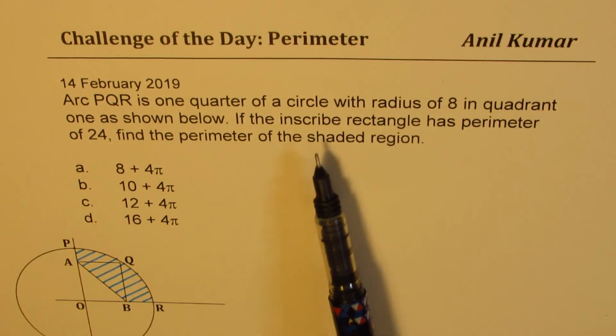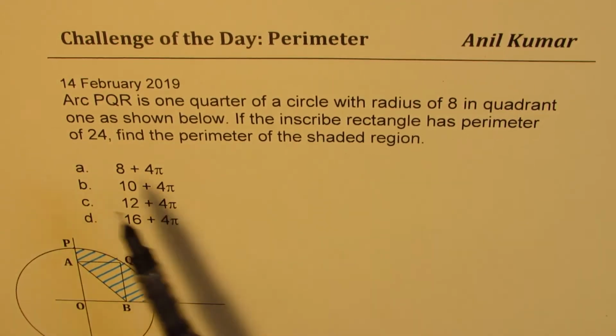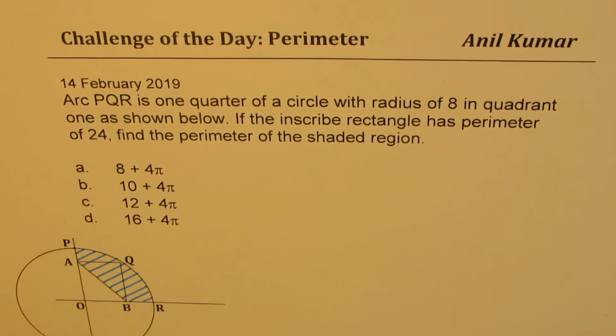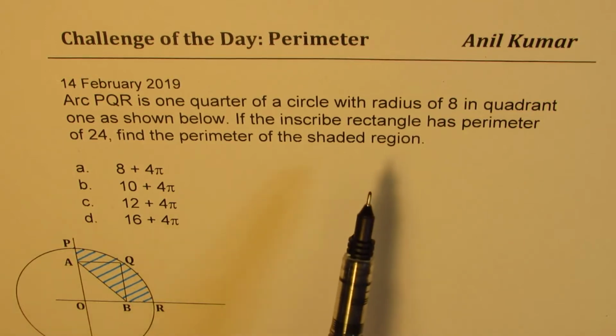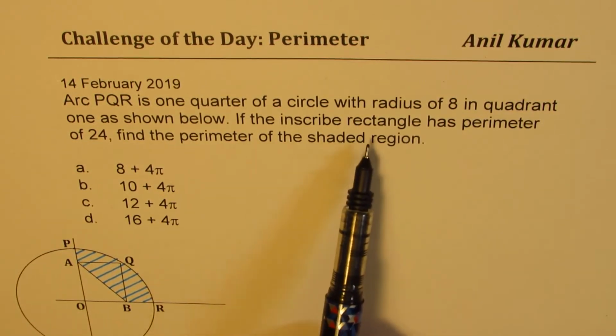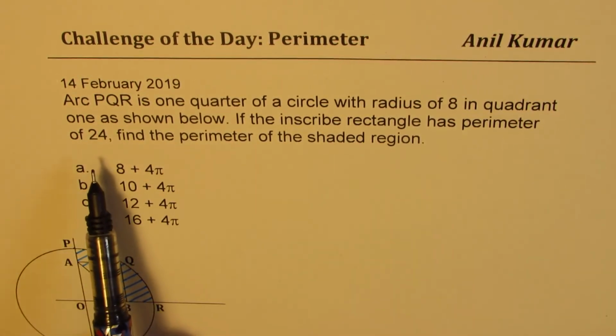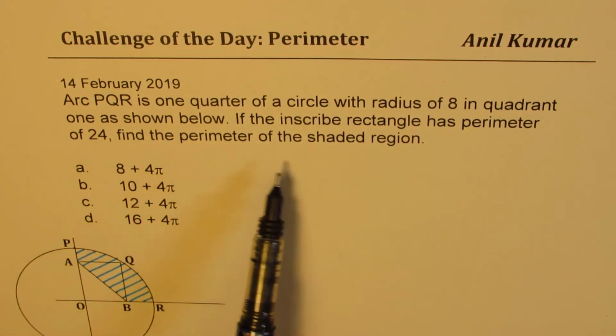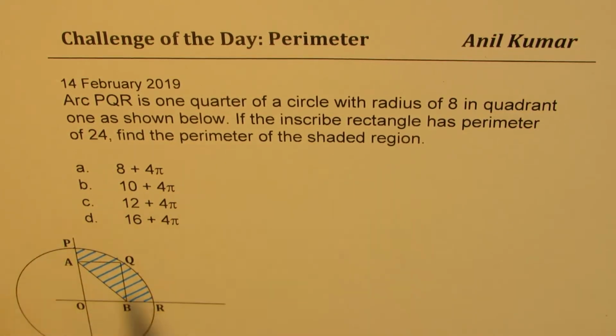If the inscribed rectangle OAQB has perimeter of 24, find the perimeter of shaded region, that means APQRBA. 4 choices are given to you. How are you going to solve this question?